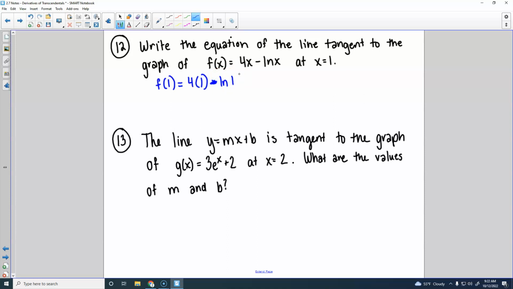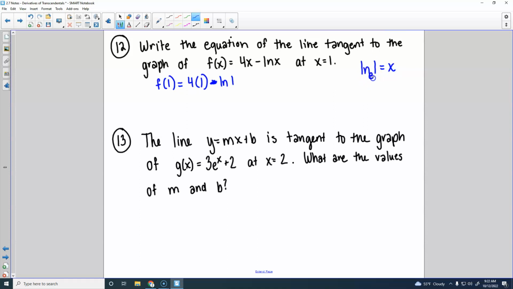Oh, what is natural log of 1? These are ones that we're going to need to have. I might put it on the formula sheet too, even though it's not really a formula. But natural log of 1, think about this, equals, I don't know what it is, I'm going to put an x right here. What's the base on a natural log?